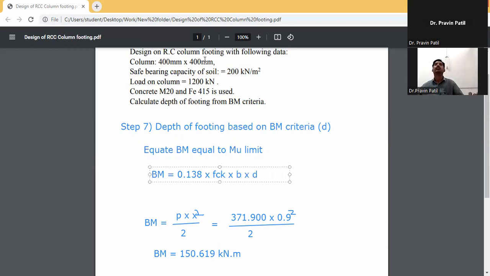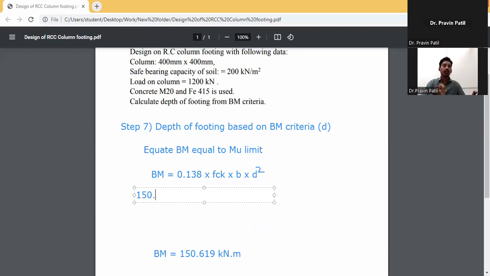BM is 150.619 kilonewton meter, converted to Newton mm.